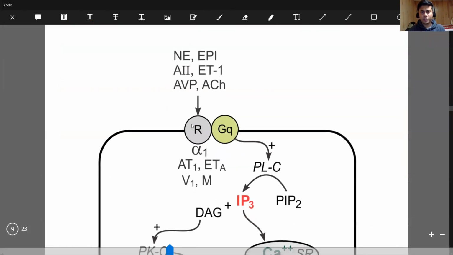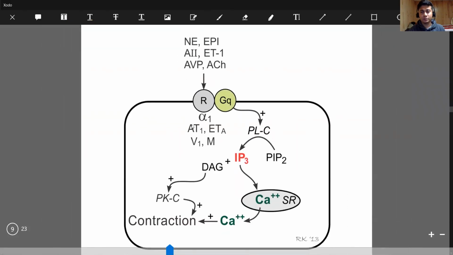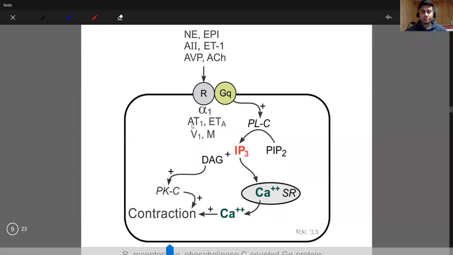Now, here's one example of this Gq coupled receptor: the alpha 1 adrenergic receptor. You can also see the angiotensin receptor, the vasopressin receptor, and some muscarinic receptors. They have this Gq coupled receptor activity. Whenever these ligands bind to this Gq coupled receptor, they activate phospholipase C. That phospholipase C works on the PIP2 of the cell membrane, that means phosphatidylinositol diphosphate, and converts it into inositol triphosphate and DAG.